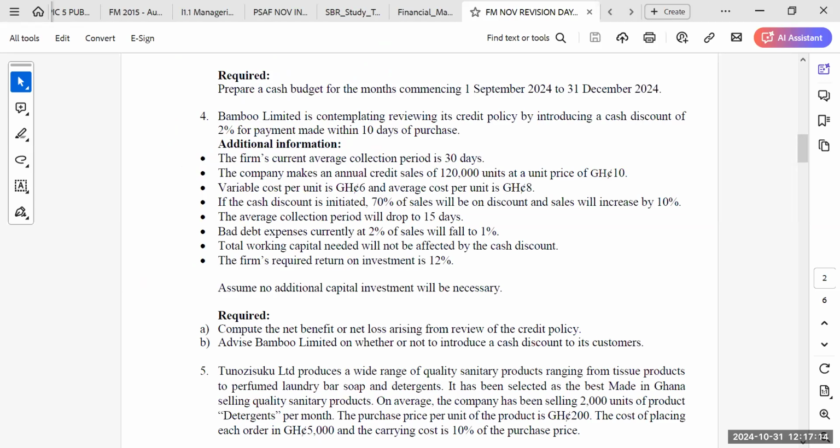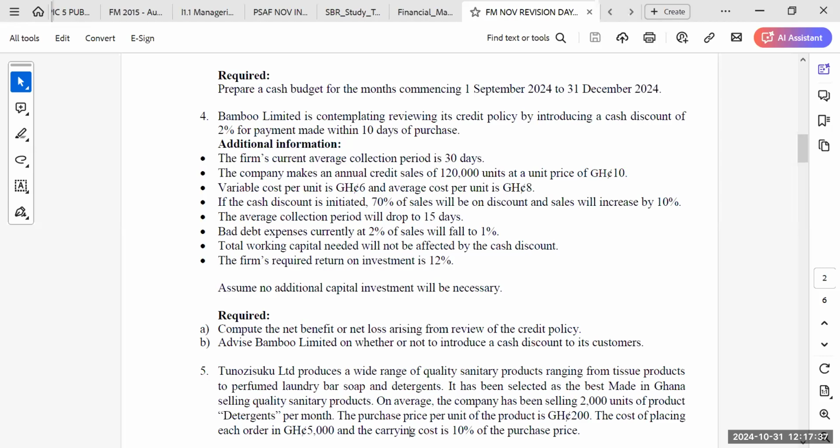Yes. Okay. So if the cash discount is initiated, 70% of sales will be on credit and sales will increase by 10%. So if the sales is increasing, contribution will also be increasing.